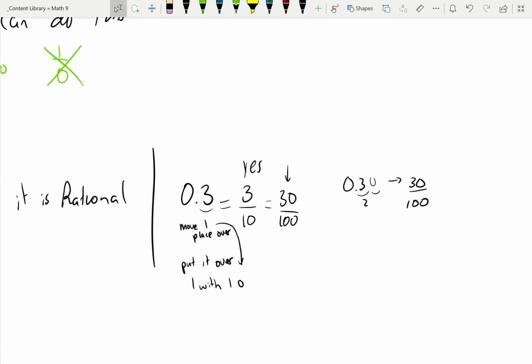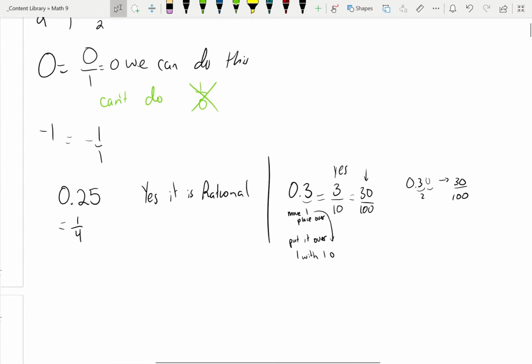Now this is where it gets a little bit interesting. What about 0.333 repeating? A lot of you might say no, which is a good thought. How do I express a number that goes on forever as a decimal? Well, this is actually the definition of 1 over 3, or 1/3.